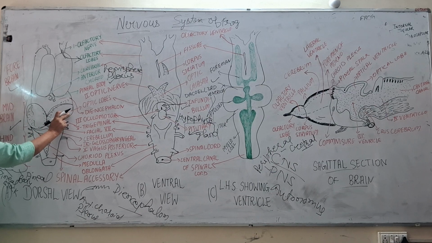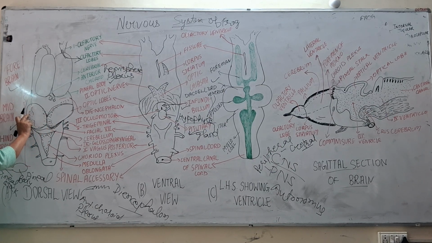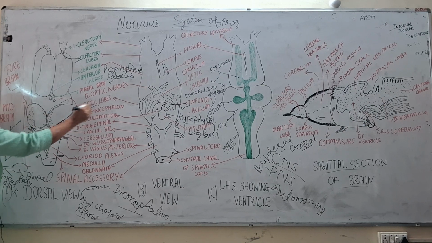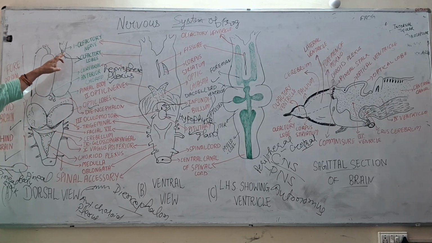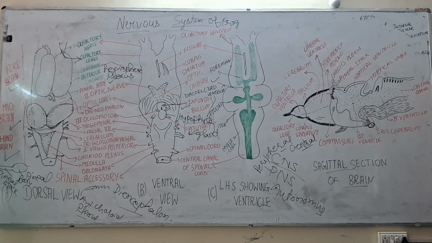This midbrain contains two large ball like structures which are called, इन्हां नूं की कहांगे, optic lobes. Like olfactory lobes there are also optic lobes which cover the midbrain. What is the function of optic lobes? ਅੱਖਾਂ ਦੀ sight, it controls the sight.